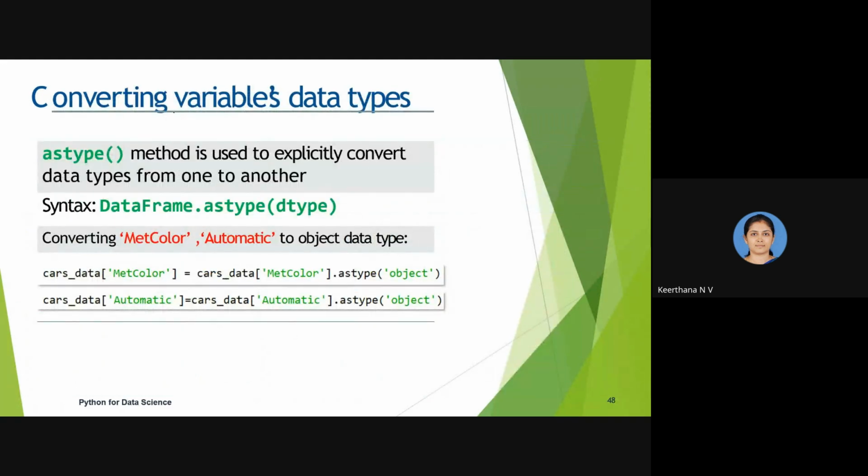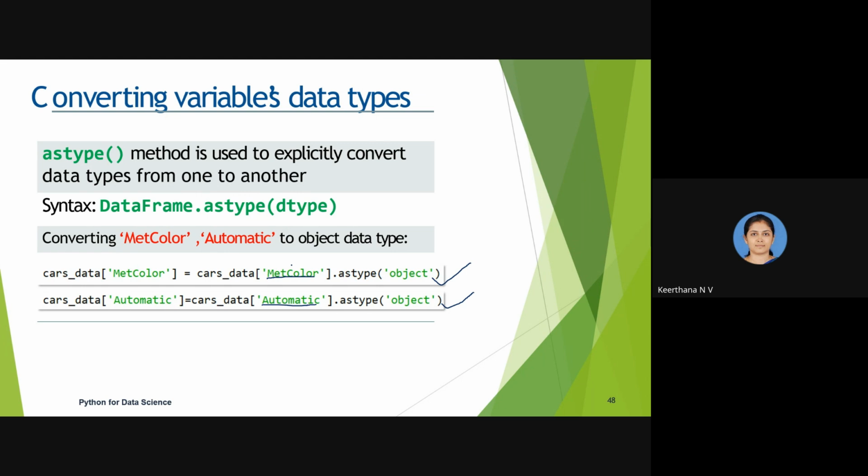Converting the variable data type. You can convert the data type of a variable. It means that I already have the MetColor data type. You can convert this to an object data type. The syntax is data frame dot astype. In the bracket, you have to give which data type you are going to convert it to. So here I'm going to convert the MetColor column and Automatic column to object.